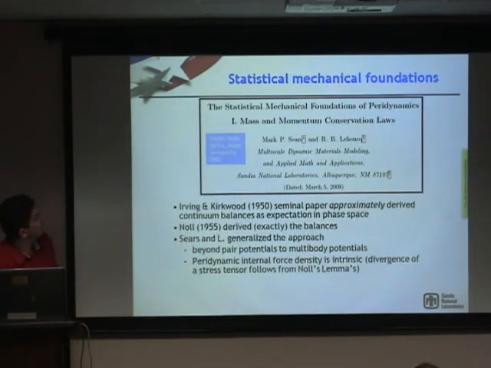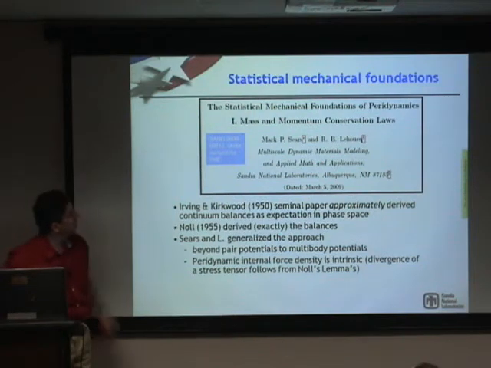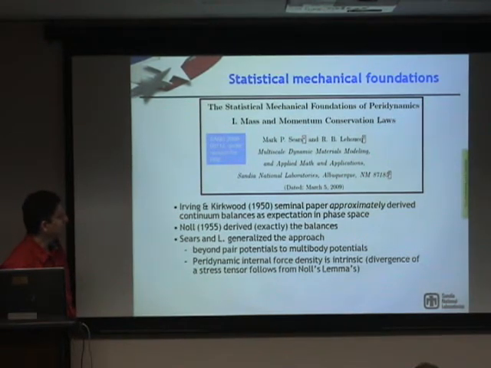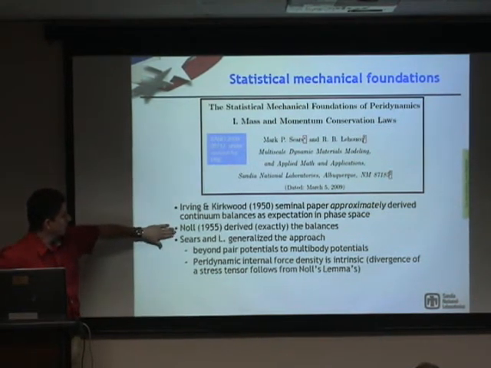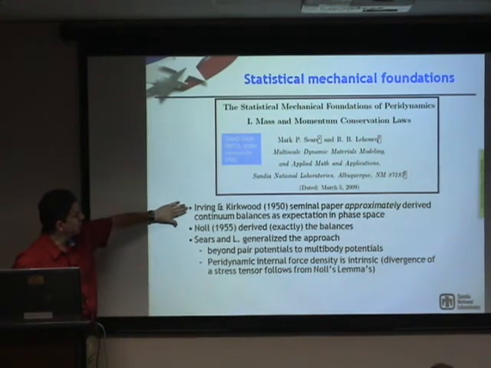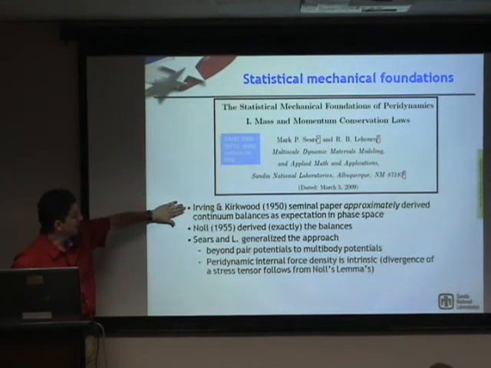What we ended up realizing, Mark and I were able to write a paper. We're currently revising it for PRE, where we were able to generalize the approach due to Walter. Walter's approach was an exact derivation due to two theoretical chemists from 1950. This is a seminal paper on how you derive continuum balances as expectations in phase space.